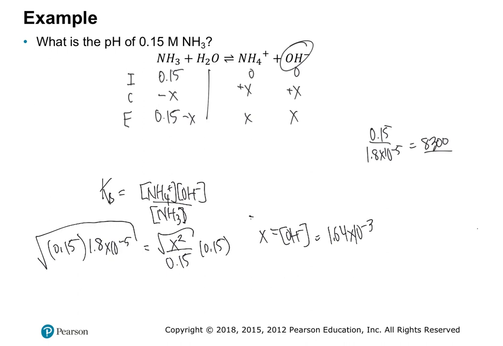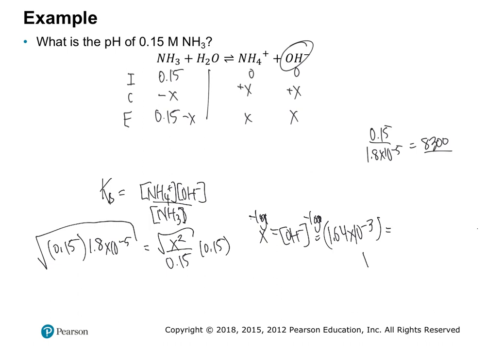So now if I take the negative log of that, I get pOH. So that's one of the biggest differences here: I have to do an additional step to get pH.